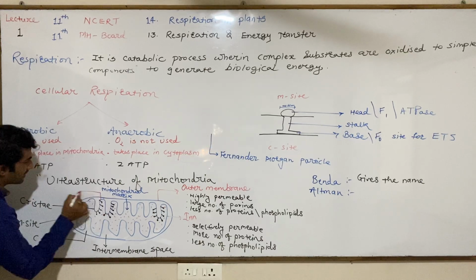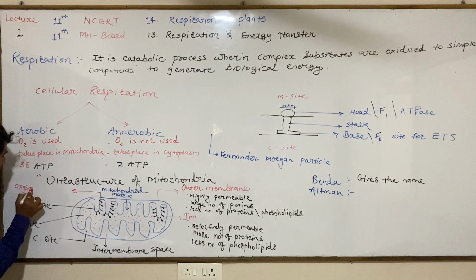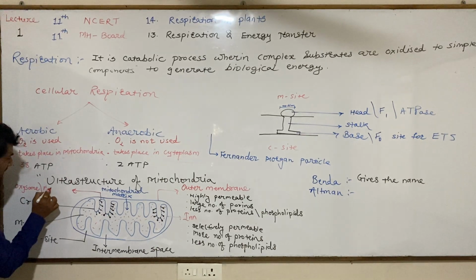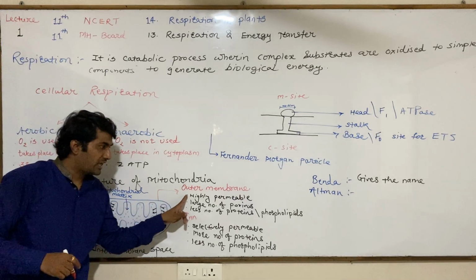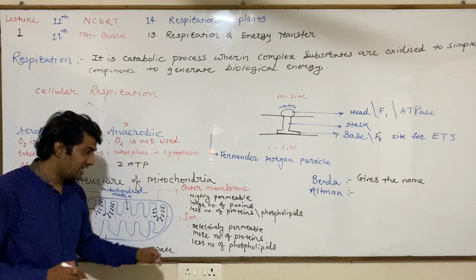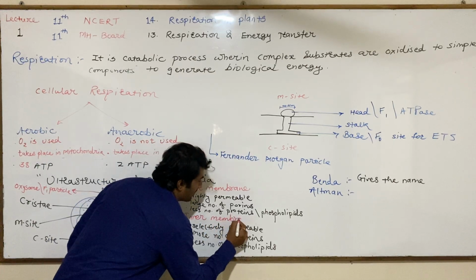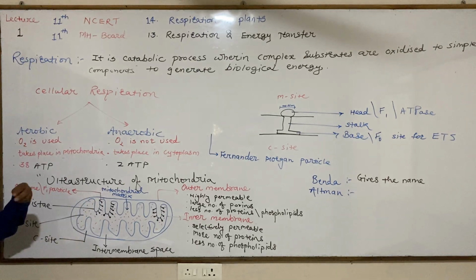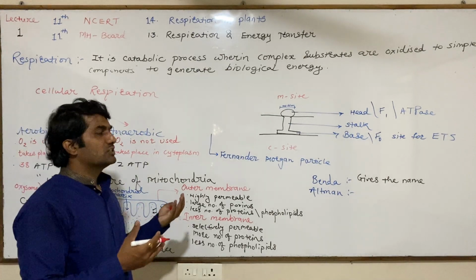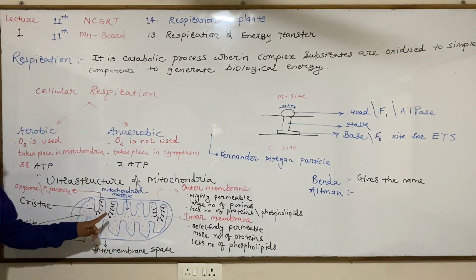This one is an oxysome or F1 particle. The outer membrane, I already told you, is highly permeable. The inner membrane is selectively permeable. Mitochondria may be spherical in some cells or rod-shaped in some cells.